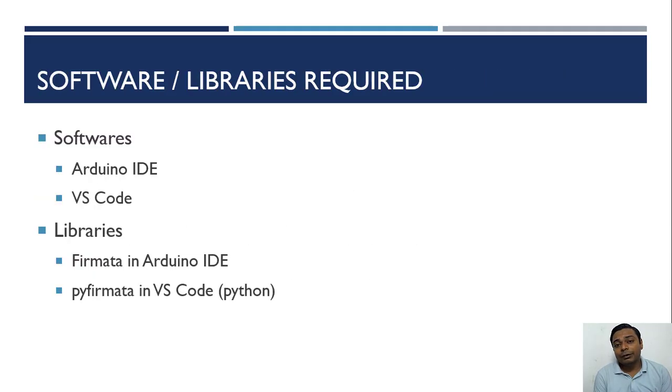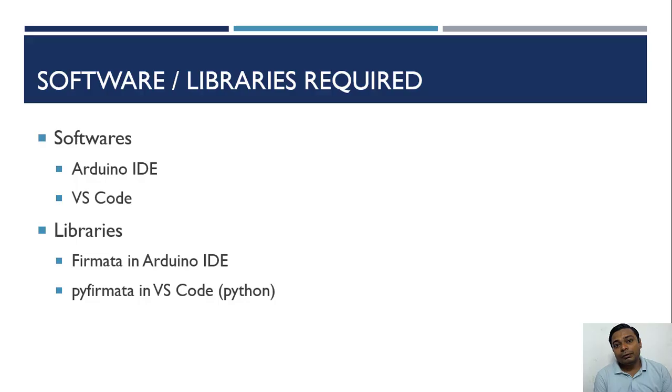The software that we'll be using is, first, the Arduino IDE for writing the Arduino code, and the other one is VS Code for writing the Python program. You can use any other coding IDE for writing the Python program, or you can directly write the program on the Raspberry Pi itself and control the Arduino board.